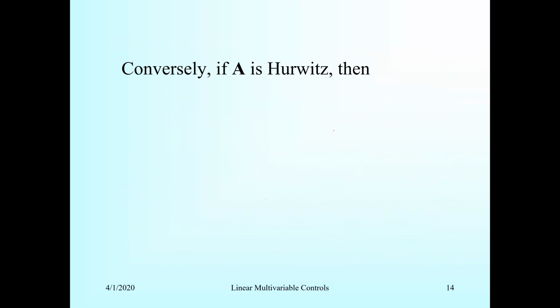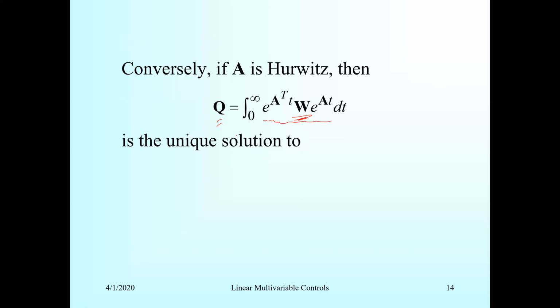Interestingly, we can also prove it if we assume A is Hurwitz. So how do I pick the Q? If I pick Q as something like this, given any W, put it here, it will construct the Q. Then we have a unique solution. This Q is the unique solution to this Lyapunov equation. This is beautiful too.